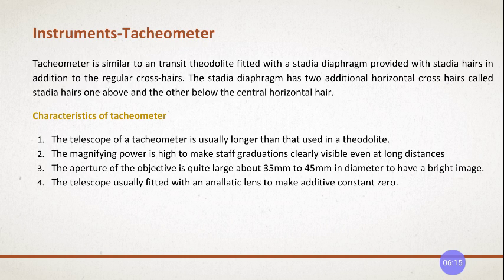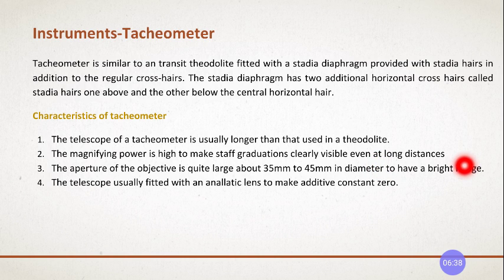Now, the characteristics of a tachymeter. The telescope of a tachymeter is usually longer than that used in the theodolite. The magnifying power is higher, to make the stadia graduations clearly visible even at long distances.